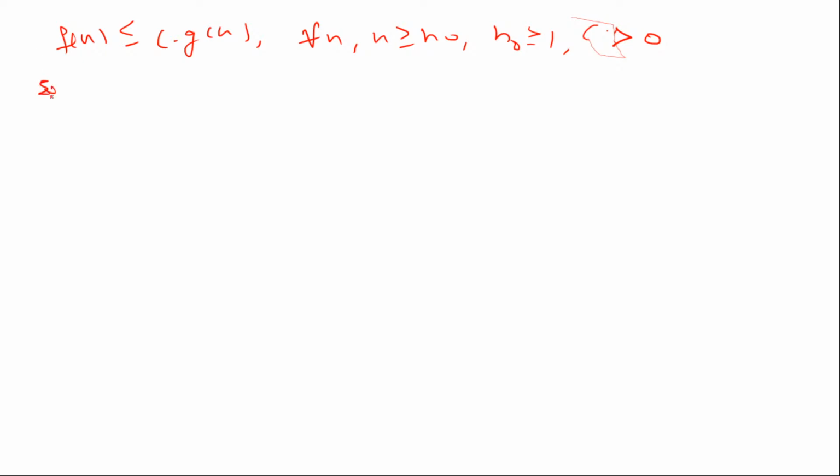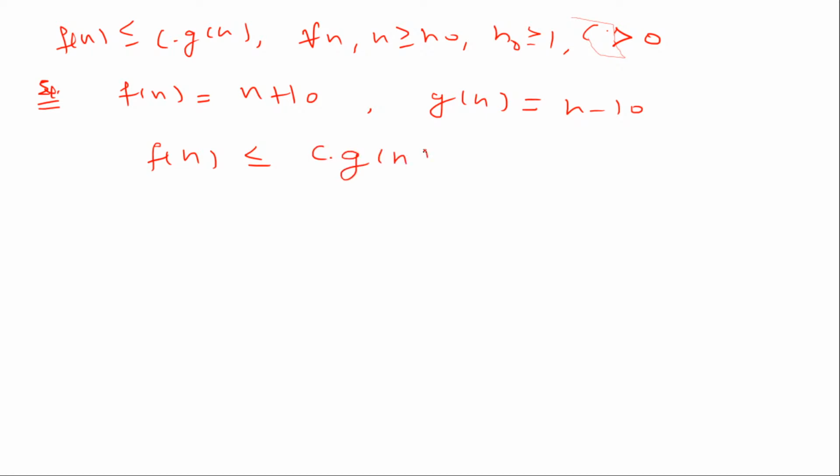Example: f(n) = n + 10, g(n) = n - 10. We have to prove the condition f(n) ≤ c·g(n) for big O notation, right?